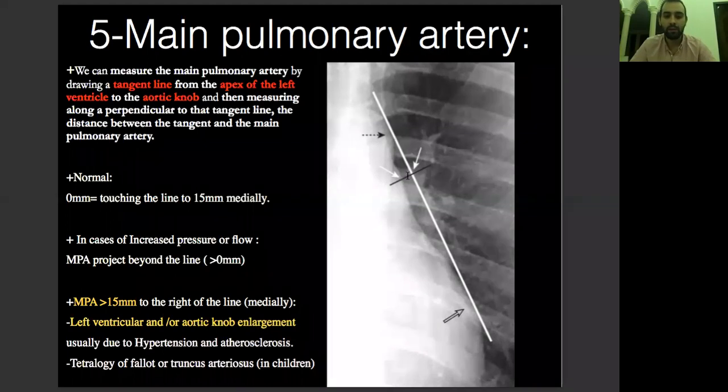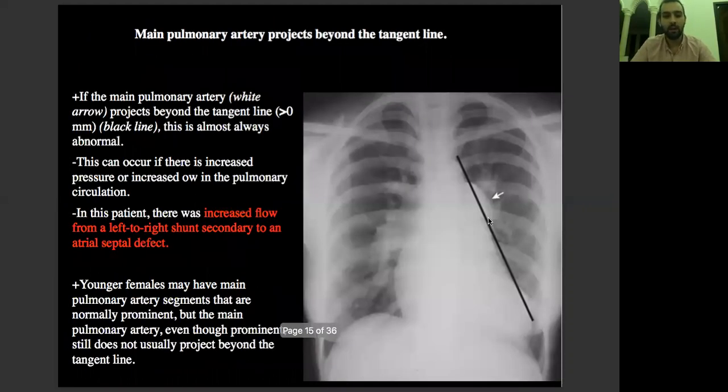In cases of increased pressure or flow, the MPA, main pulmonary artery, projects beyond the line, so it's more than 0 millimeters. It's also abnormal if it's going more than 15 millimeters medially to the line, seen in cases of left ventricular and aortic knob enlargement, such as in hypertension and atherosclerosis in adults. This is a case here: the main pulmonary artery projects beyond the tangent line.